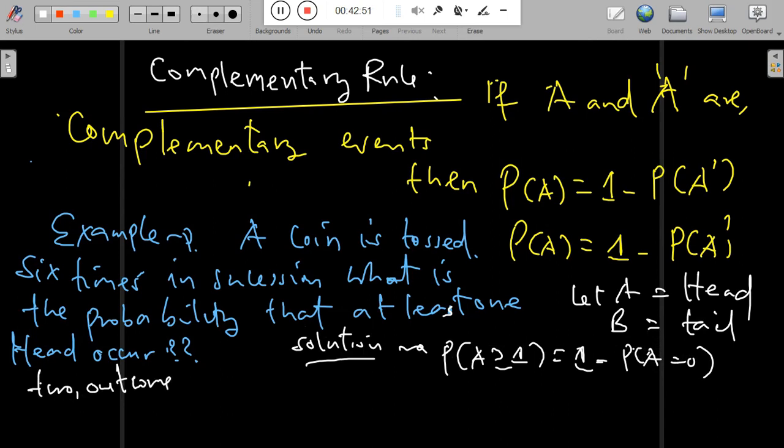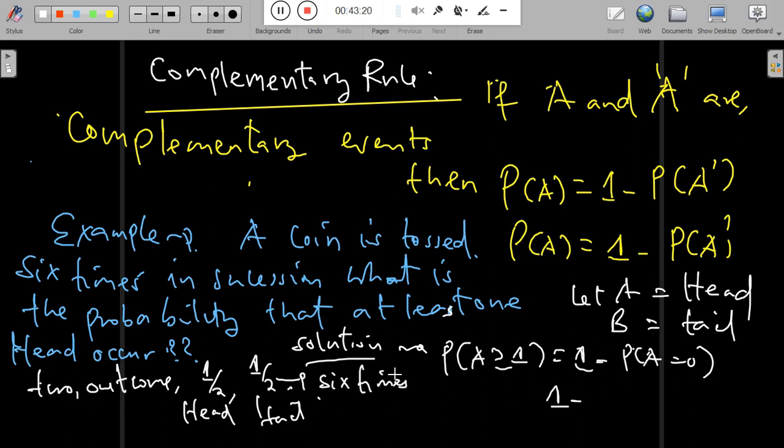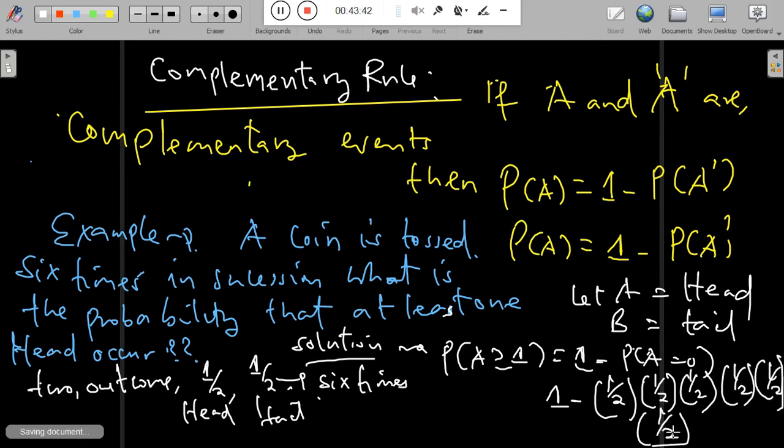And remember, the coin is tossed 6 times. So the possibility of occurrence is given as a half for head and a half for tail. So we take out 1 minus a half to the power of 6, since the coin was tossed 6 times.